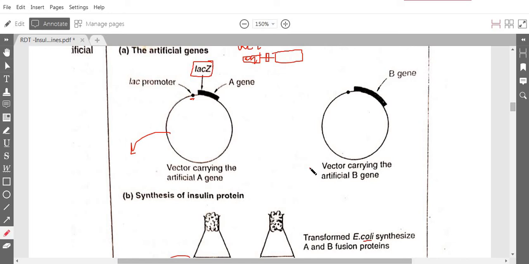There is another way by which you can manufacture this. One can transfer the A gene into a particular E. coli cell and the B gene into another E. coli cell.